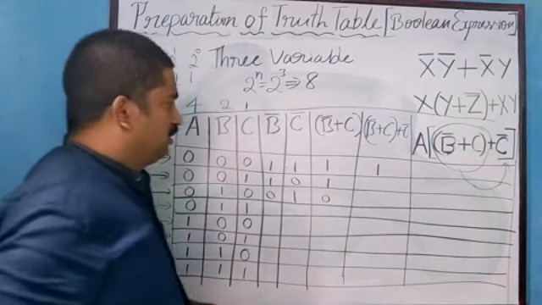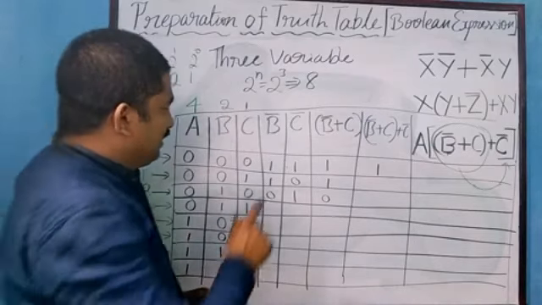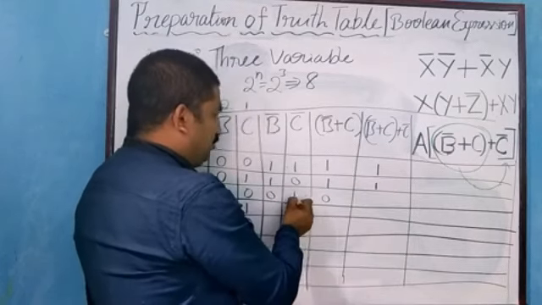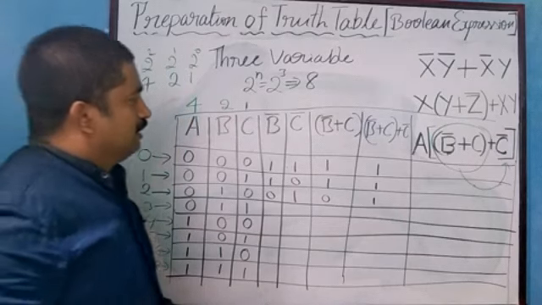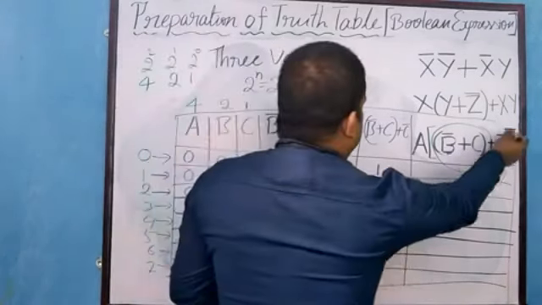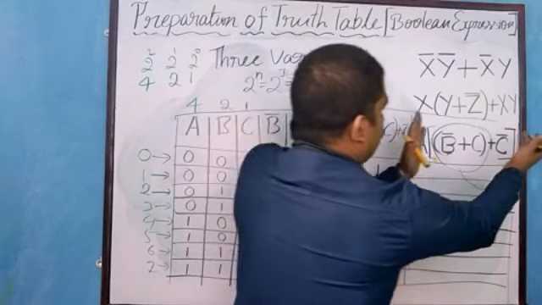In computer science, 1 plus 1 is 1 only here. Don't write 2. 0 plus 1 is 1. 1 plus 0 is 1. Then we got B complement plus C complement, the whole thing, here.